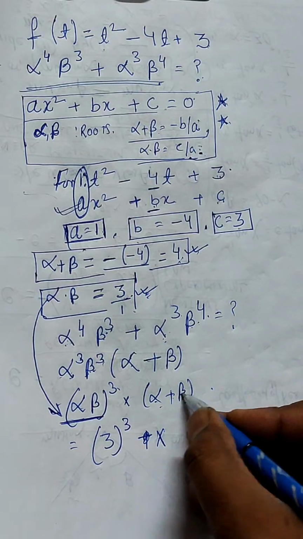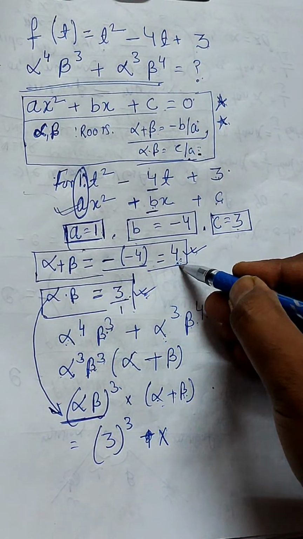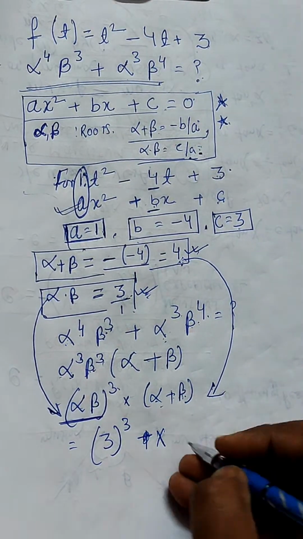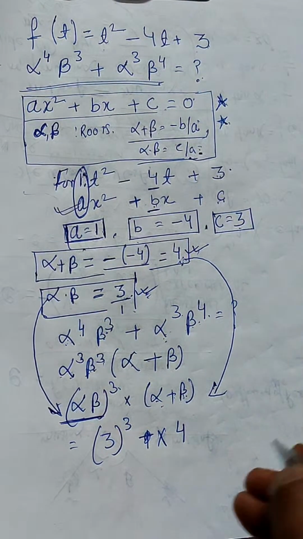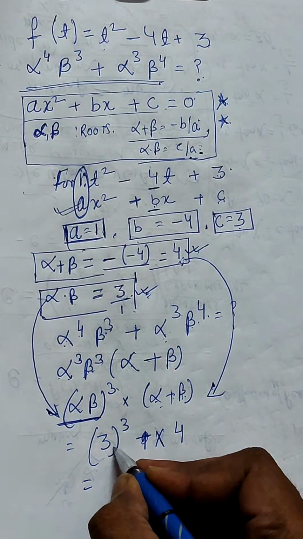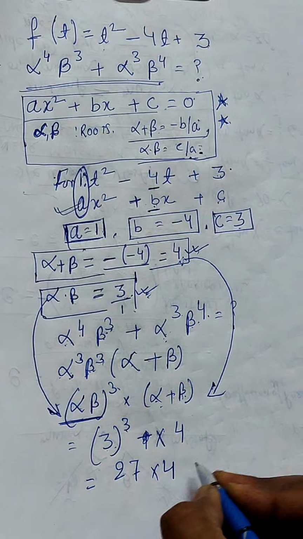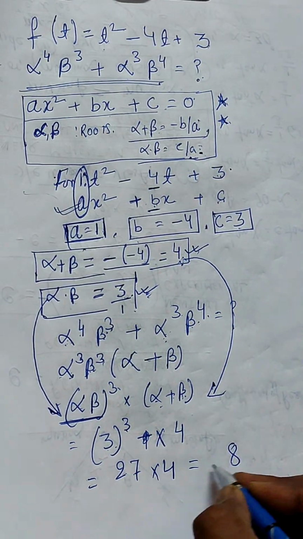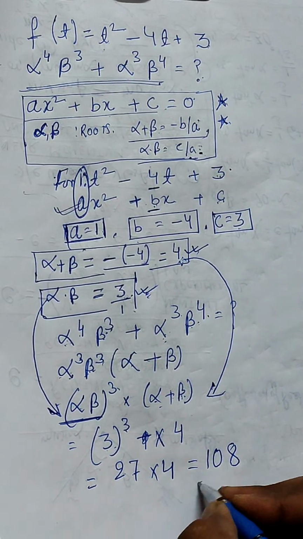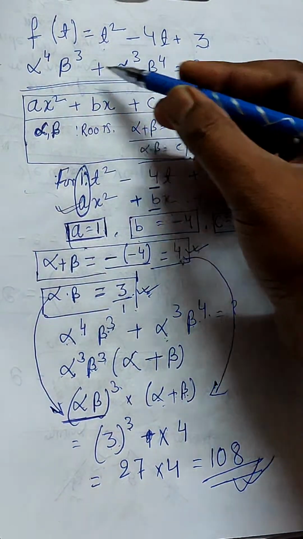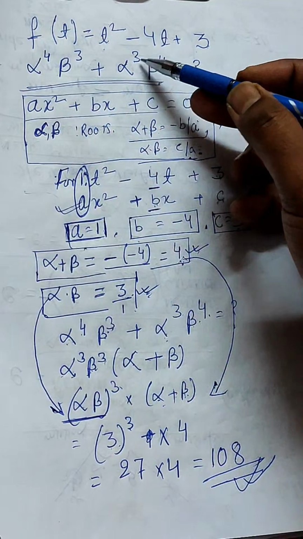What is the value of alpha plus beta? You can take it from here, 4. So just use it over here, into 4. So this will be 3 into 3 into 3, that is 27, into 4, which will be 108. So 108 is the value which has been calculated for alpha 4 beta cube plus alpha cube beta 4.